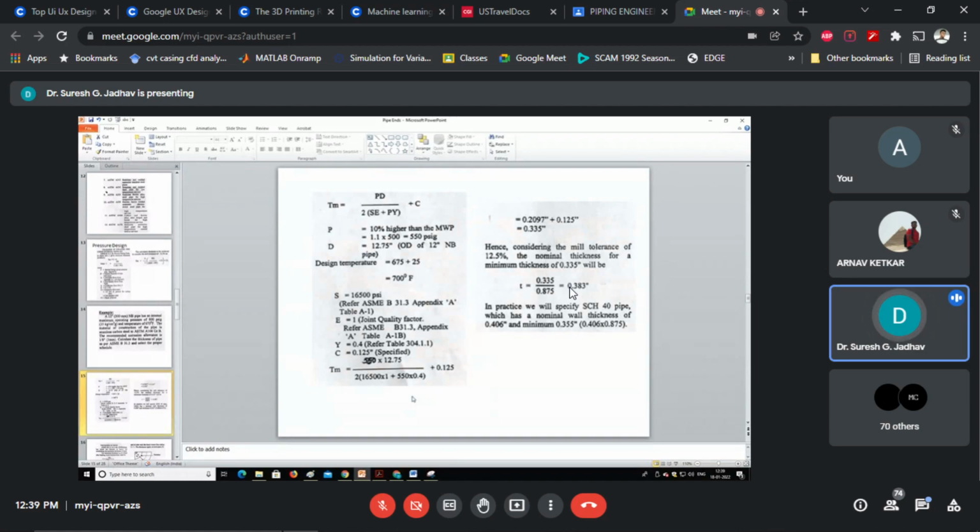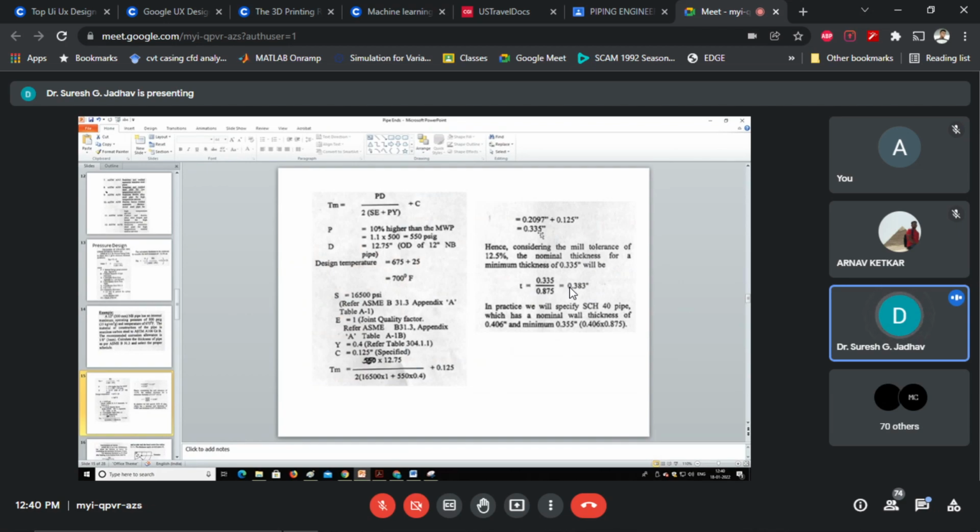Simplify this relation, do the calculation and verify these values. After simplification of this relation we get 0.2097 inch plus 0.125. Adding these two quantities, we get the minimum thickness, that is 0.335 inch.